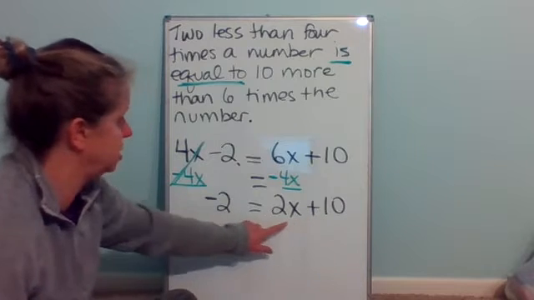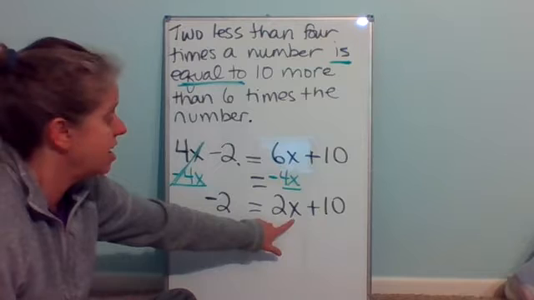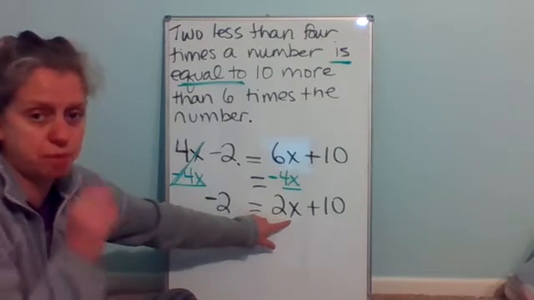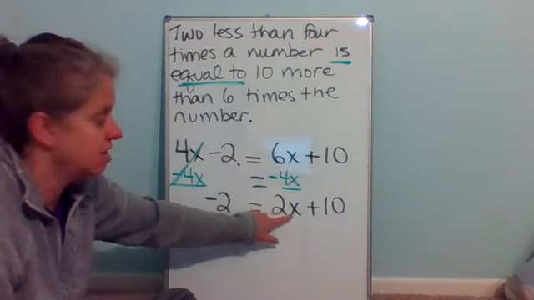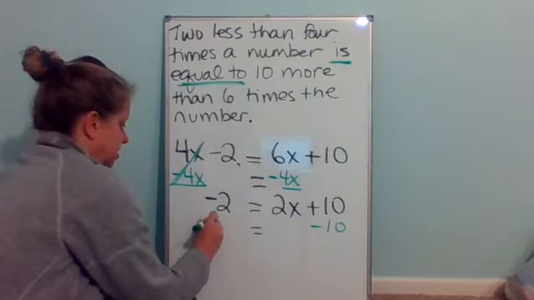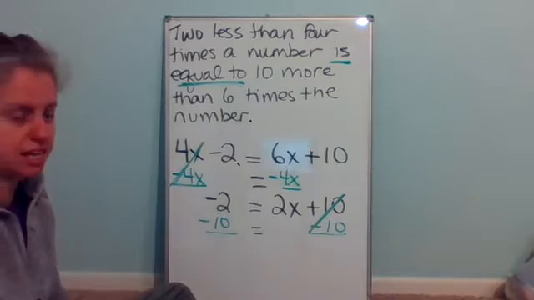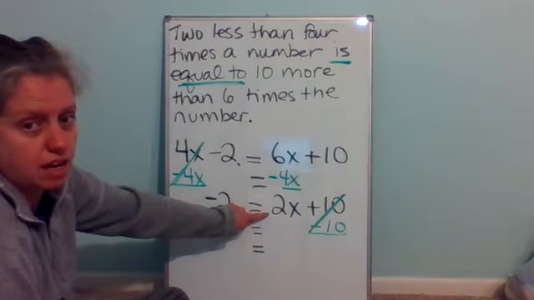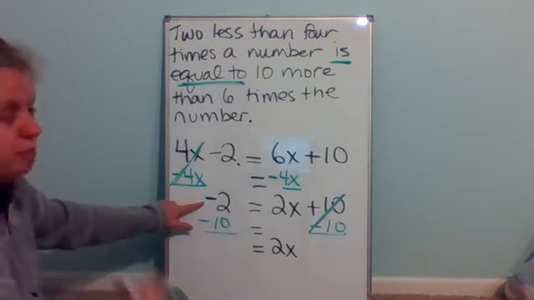Now remember, the 10 needs to go away and the 2 needs to go away if the x is going to be by itself. And remember, who hangs on until the very end? The hooked on number. That number always goes away last. So I need to get rid of that plus 10 with a minus 10. So that gets rid of the plus 10. Here's my equal symbol again. Over here, I still have a 2x. Now be careful here.